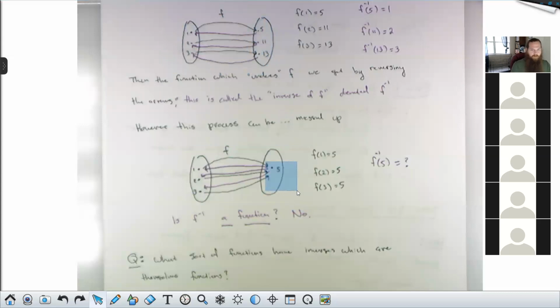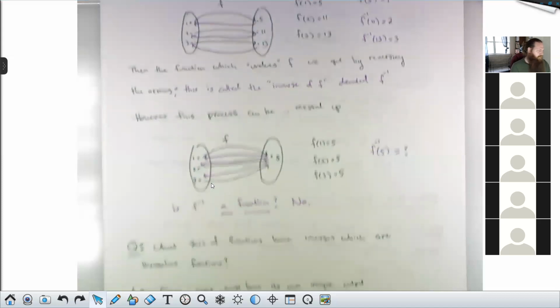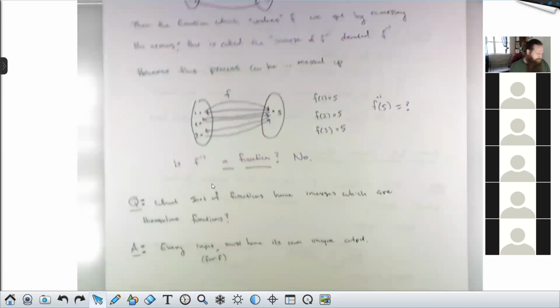You tell me the output 5. Which input got sent to the output 5? Was it 1? Yeah. Was it 2? Also, yeah. Was it 3? Yes, that as well. So I cannot tell you what f inverse of 5 is and still be talking about a function. I would have a set containing more than one element there.